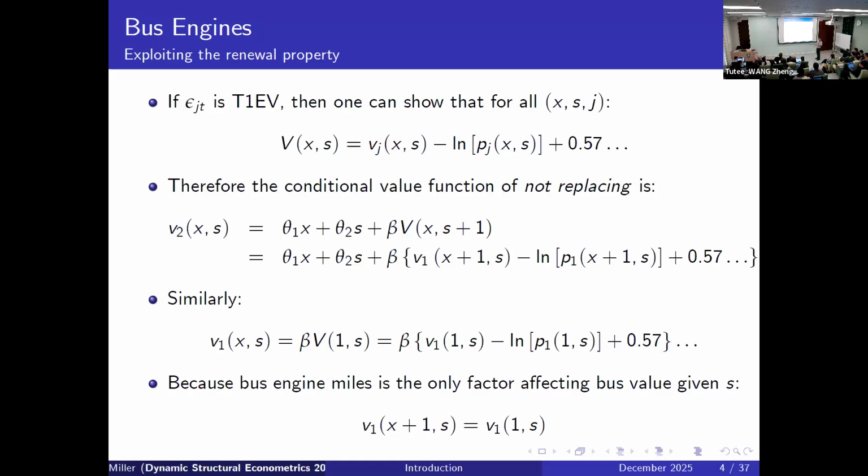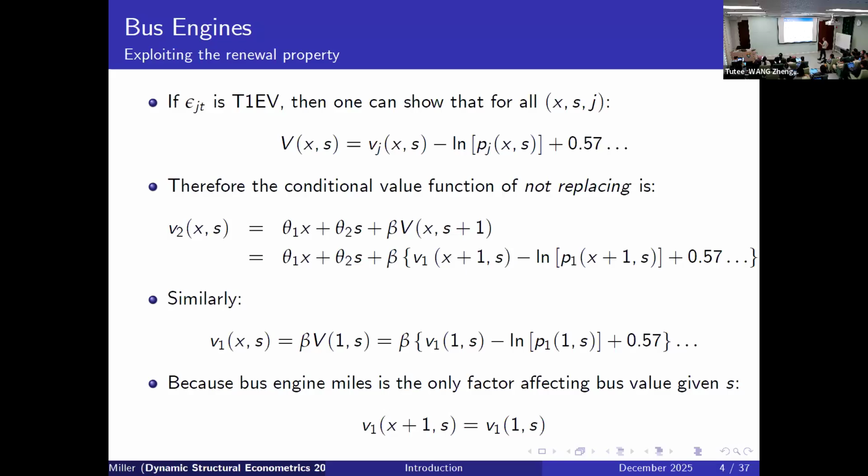This would almost be 0, and the social surplus function would almost equal the conditional value function. On the other hand, if P was 0, the difference would be huge. So you see how this probability adjusts the conditional value function to get that loss that you incur by making a choice without thinking about it.